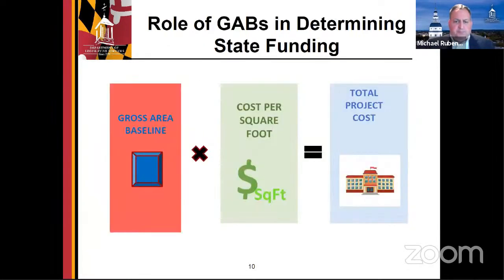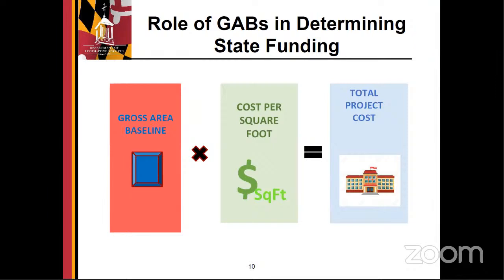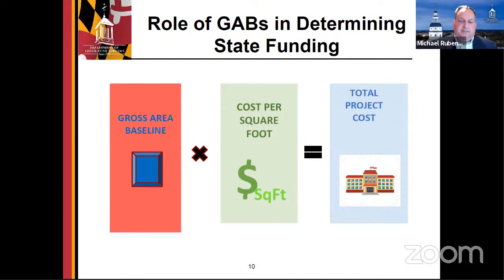Next slide. So what happens once the GAB is calculated, that space allocation is multiplied by a cost per square foot. This is the amount the IAC approves every year. Every year they review construction costs. They look at inflation measures. They look at the bids going out and how much they cost per square foot. And they set a single figure that is used, one with site location and one without site location.